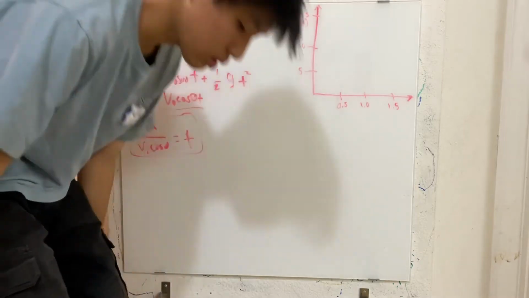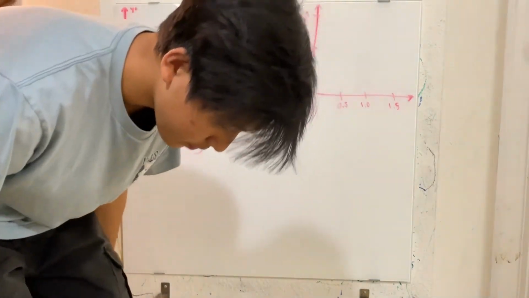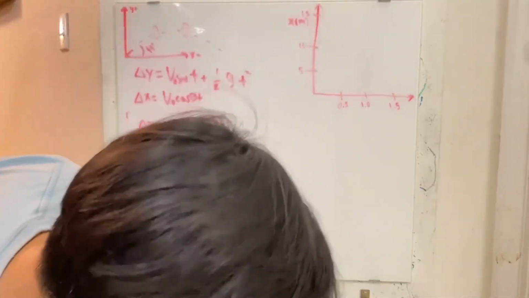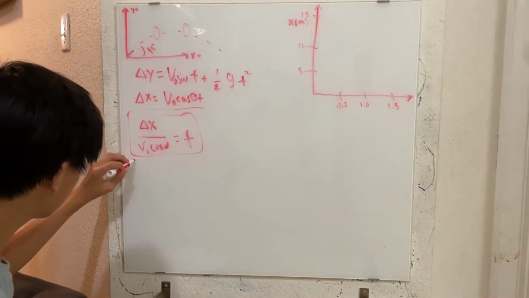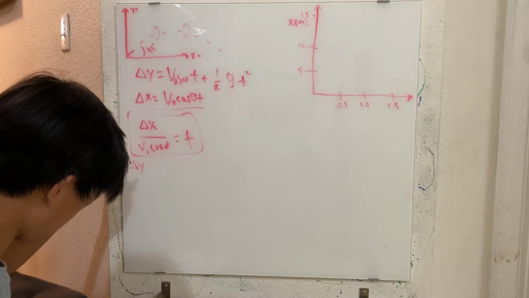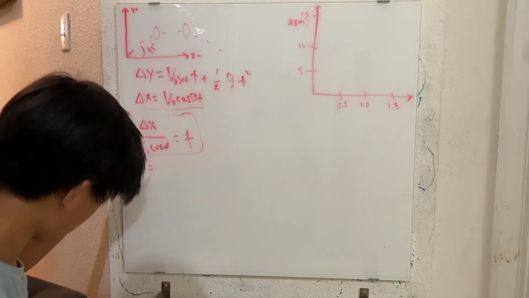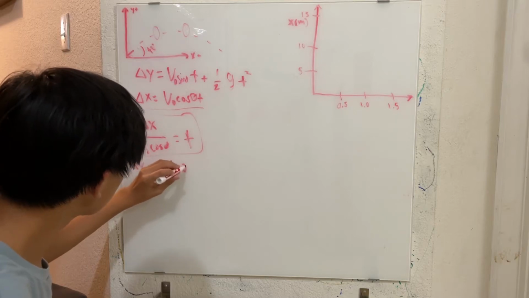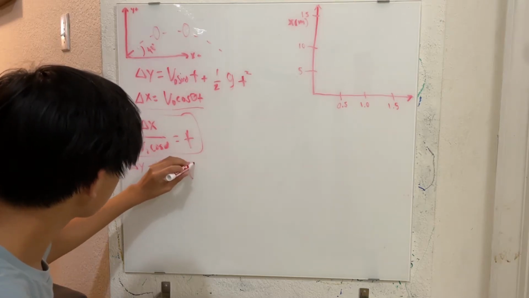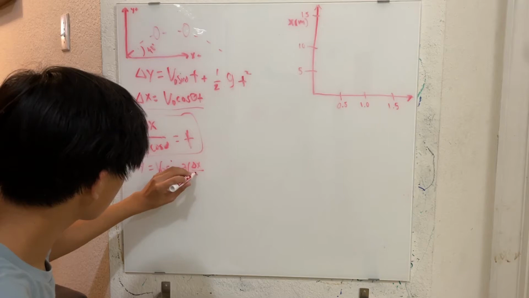It's kind of long, but it will look something like delta y equals v naught sine theta times parentheses delta x over cosine theta.